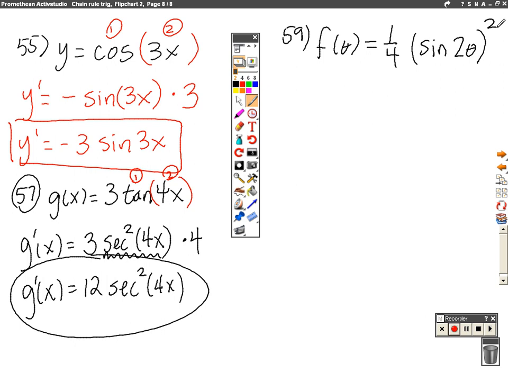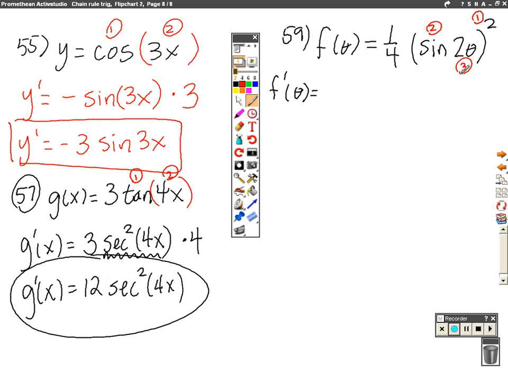I think yesterday I did one and included the coefficient on the inside of the parentheses, so check your notes on that. Alright, so here we go. The 1/4 is a coefficient. We have the outside function, which is the power of square. We have an inside function of the trig, and then we have an innermost function of the angle 2 theta.